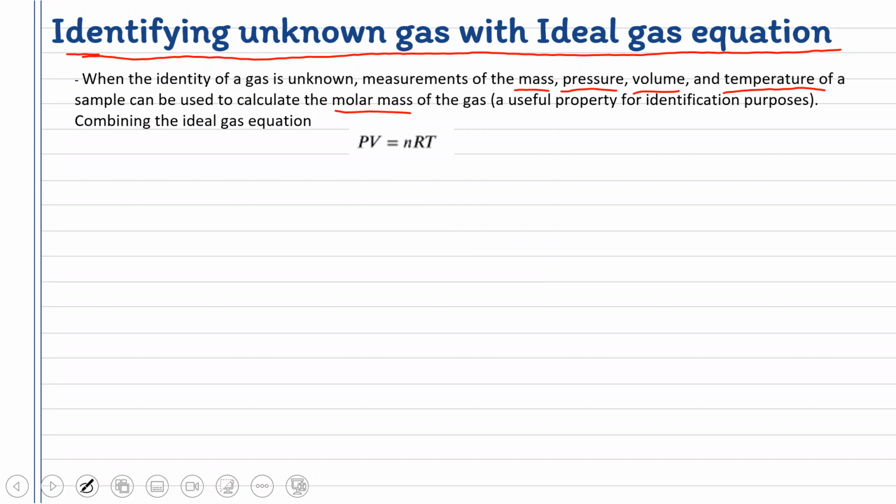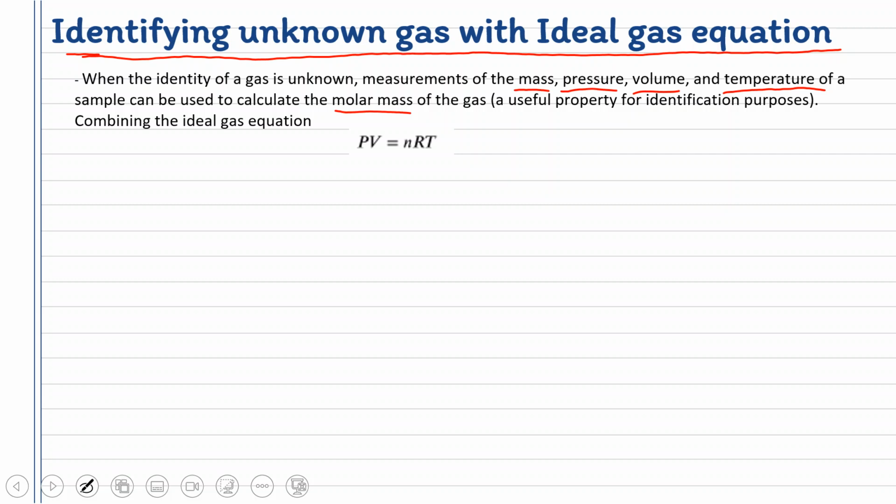When we find the molar mass, we compare it to the mass on the periodic table, and that helps us know the identity of the gas. Does that make sense? So one of the reasons this is important is we can identify unknown gases, and that is so great. Let's dive into this.